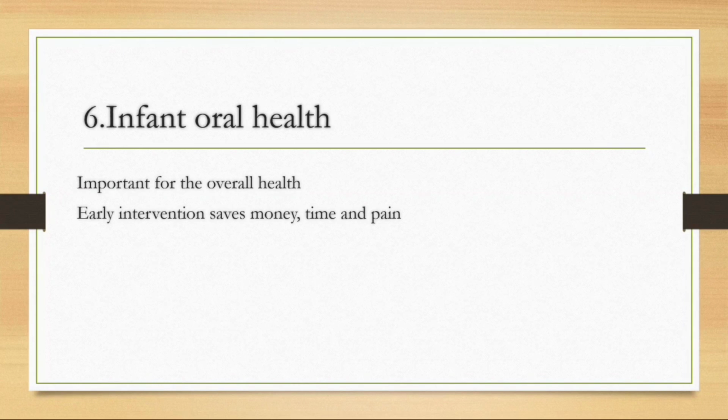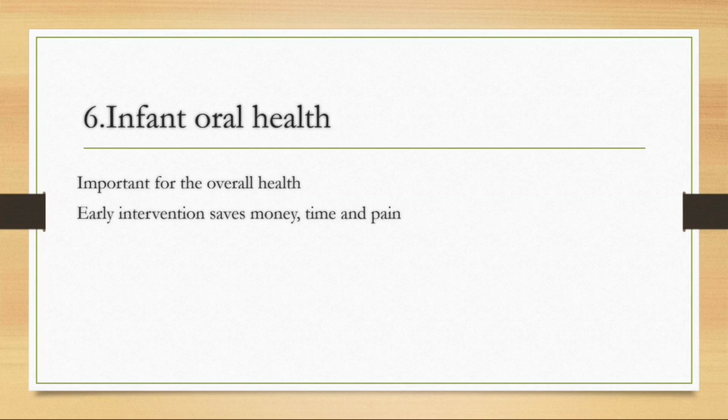Now all of you know what infant oral health is. That is how important it is for general health, because if teeth are taken care of well at the beginning, when the child becomes an adult, there won't be much problem. Prevention is always better, and it saves lots of money, time and pain. A caries can be intervened at a very early stage.